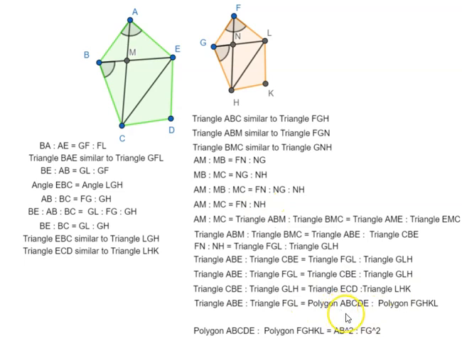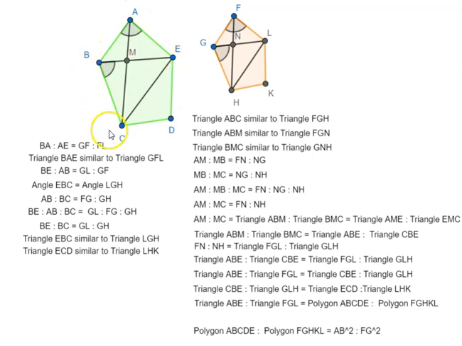But the important thing is the overall polygon would also be in the same ratio as the ratio of these triangles. Since we have seen in a proposition that the ratio of one will be equal to the ratio of the sum. So triangle ABE is to FGL will be equal to the sum of the individual ratios of the triangles.